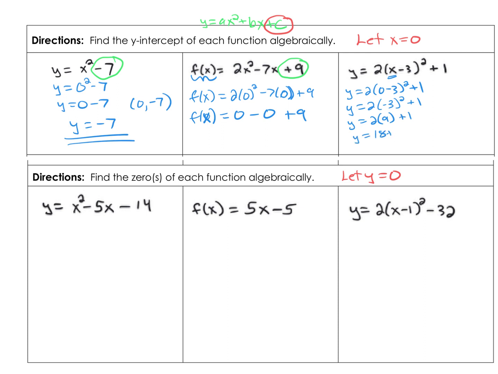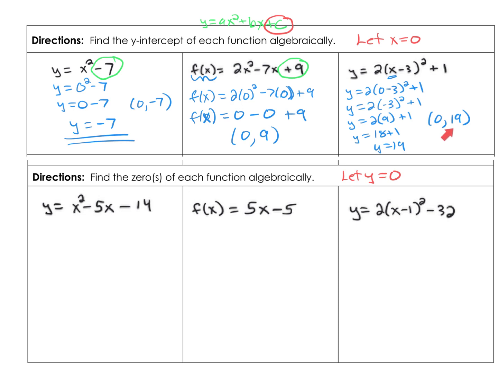That's 18 plus 1, so y equals 19. The point for this one is 0, comma, 19. Over here, our value was 9, so our point is 0, comma, 9. It's 0 because we let x be 0, and the second number is the number that we calculated in our equation.